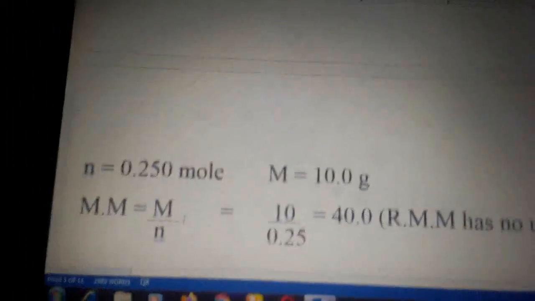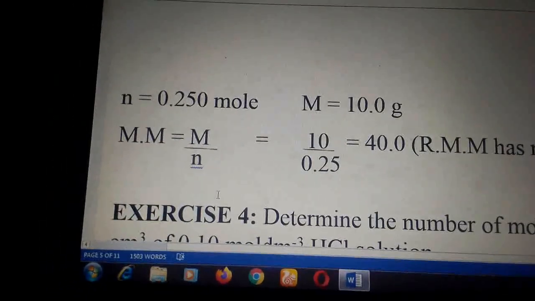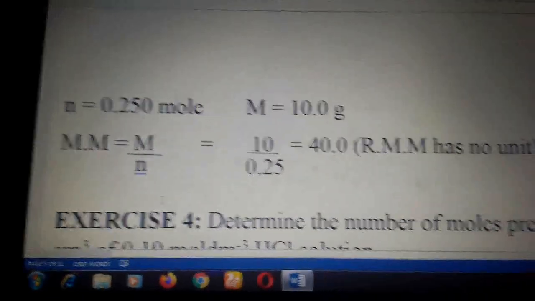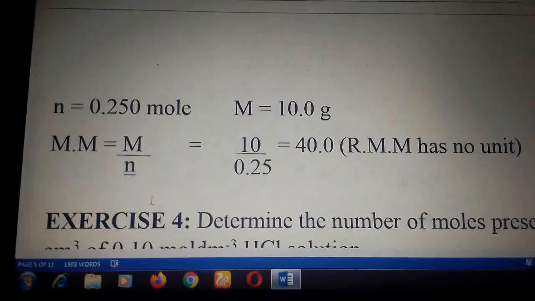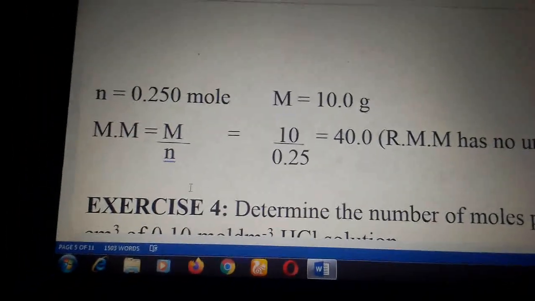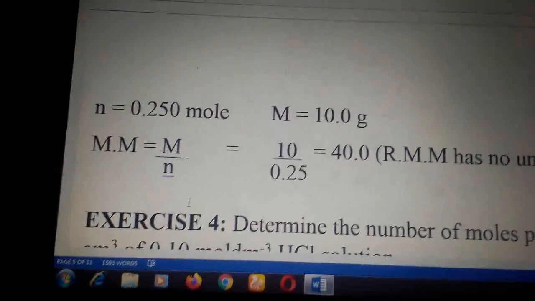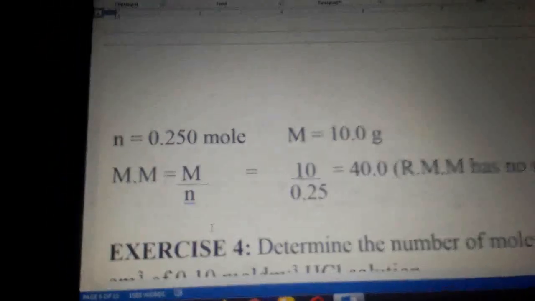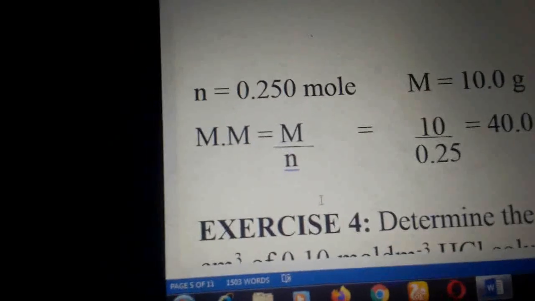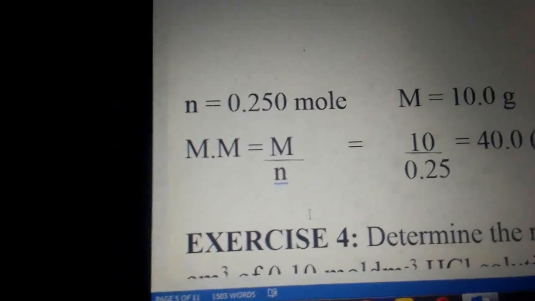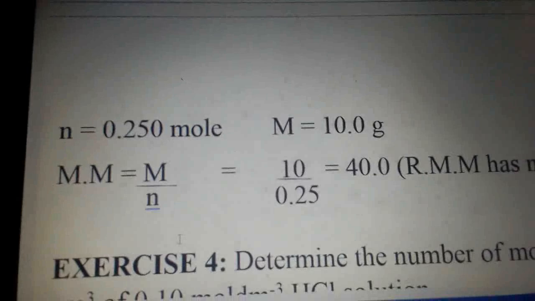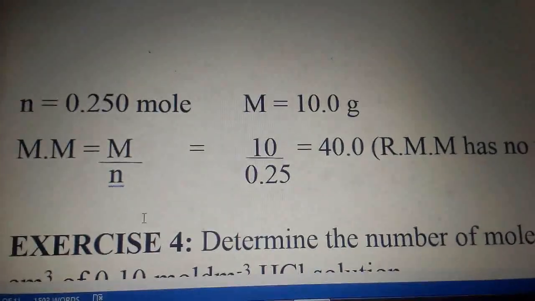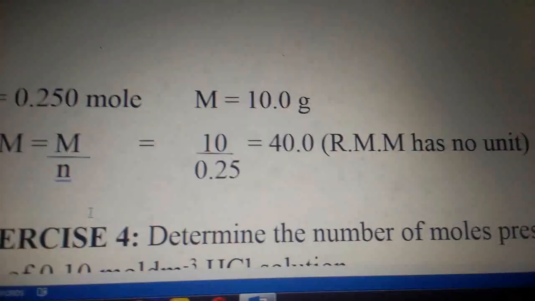So from the solution, the number of moles, small n, is 0.250, mass is 10.0 grams. So what formula contains mole, mass, and molar mass? That is equation 1, which says mole is equal to mass over molar mass. So from here, we make the molar mass the subject, which is mass over mole. Substitute 10 all over 0.25, we have 40.0.